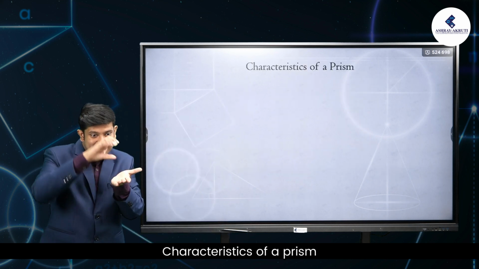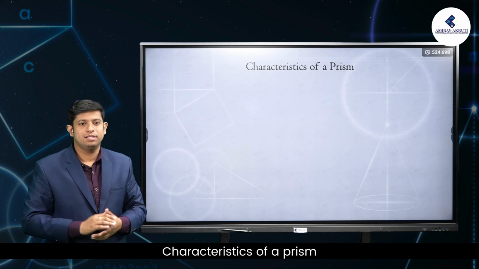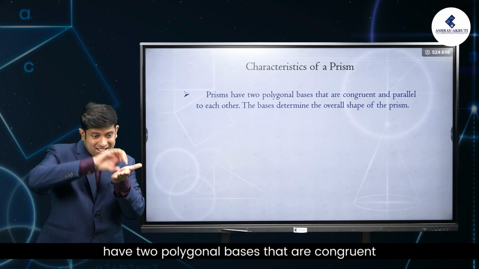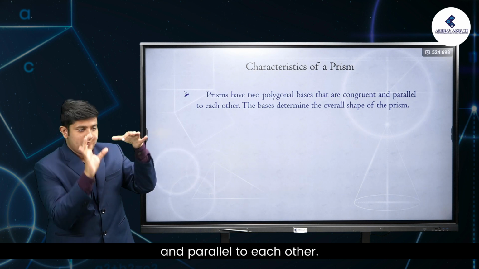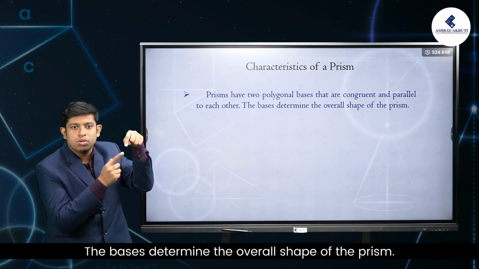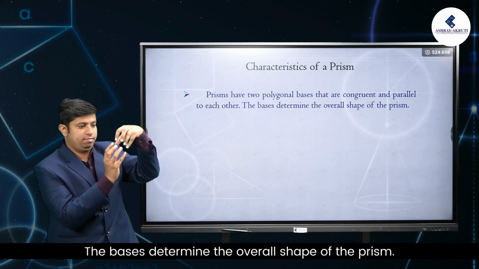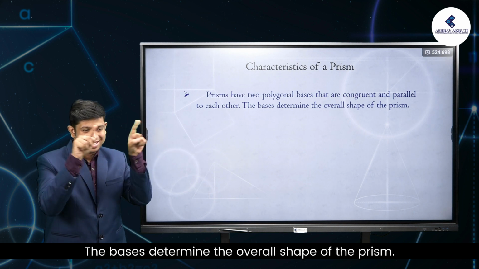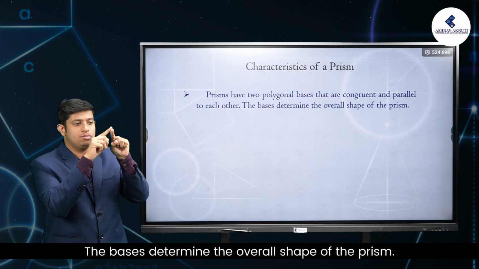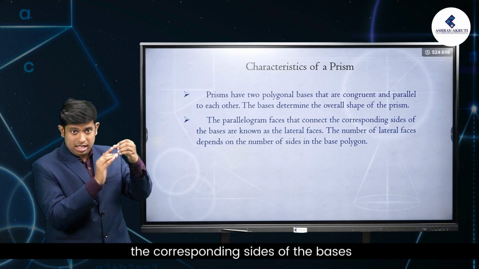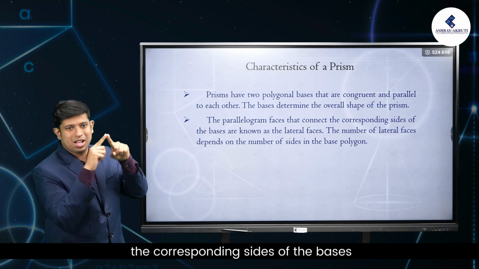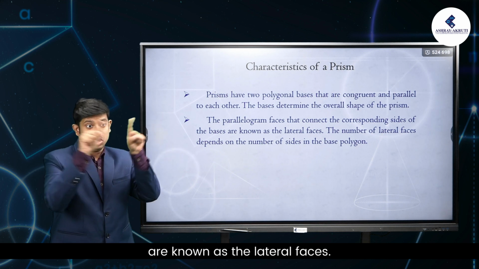Characteristics of a prism. Prisms have two polygonal bases that are congruent and parallel to each other. The base determines the overall shape of the prism. The parallelogram faces that connect the corresponding sides of the bases are known as the lateral faces.